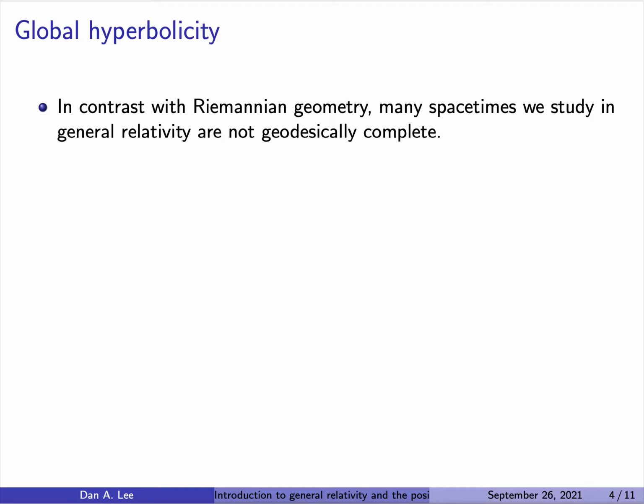But whenever you're interested in global questions, most of the time you're interested in complete manifolds, or complete ones with boundary. You don't just want random holes to appear in your geometry, random missing points, incompleteness. And in some sense, that's also true in general relativity. But the problem is there are a lot of interesting spaces that actually do have missing points, and we want to be able to discuss them.